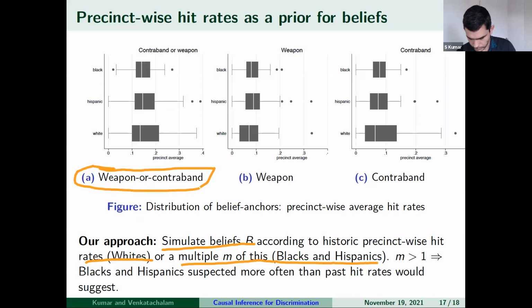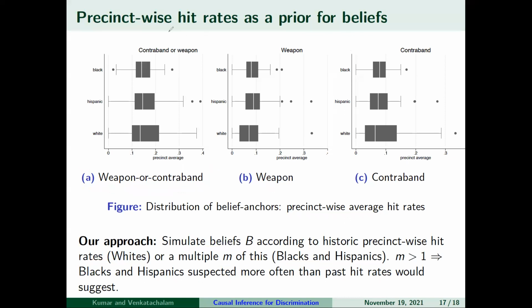So keeping all the other characteristics the same, if black is 1, say Hispanic 2, and white is the reference 0, can you look at whether a black person, if they were not black but a white person with the same other observed characteristics, what would be the estimated effect? And then look at these differences. So essentially keeping all other observed characteristics the same, you just switch the race indicator and estimate the difference.